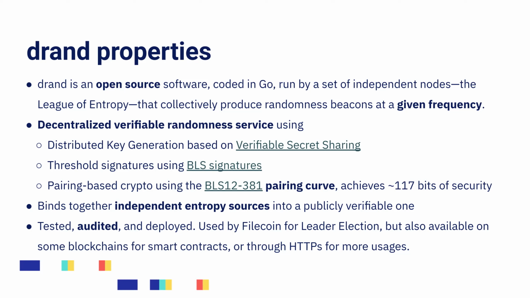So you can basically bring your own randomness to the mix during the initial distributed key generation, and that will help the league or the group running the drand distributed key generation produce a secure and safe source of entropy for its key. And once the key is generated, all beacons will be deterministic from that point.